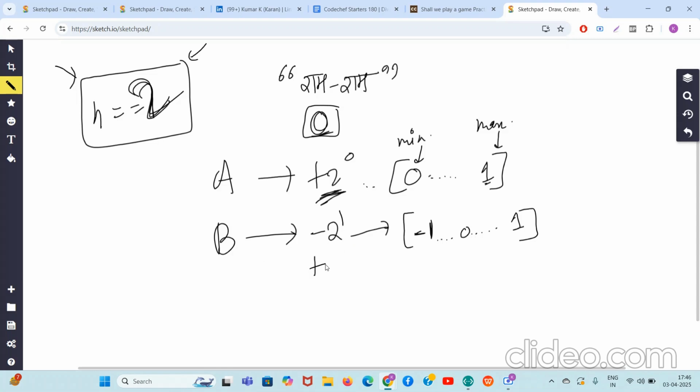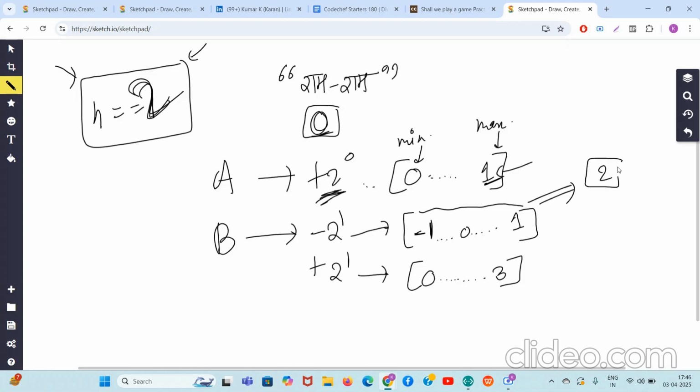But if Bob does instead plus 2 raised to 1, what will happen? The range will be like, currently the value previously was 1. So 1 plus 2 raised to 1 is 3. 1 plus 2, 3. So guys, see, there are two possibilities. This range has what difference? This range is of length, like minus 1, 0, then 1, this range is of length 2.